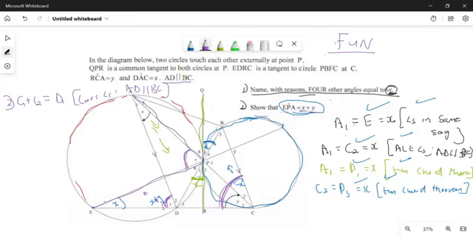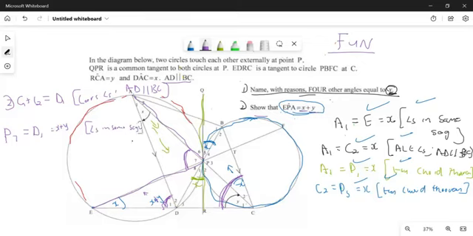Is there any other angle created by AE? Yes, P7, which is X plus Y again. And our reason here, as we close this one, is angles in the same segment.